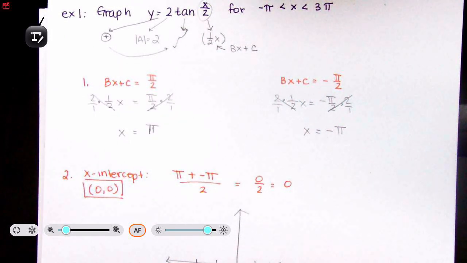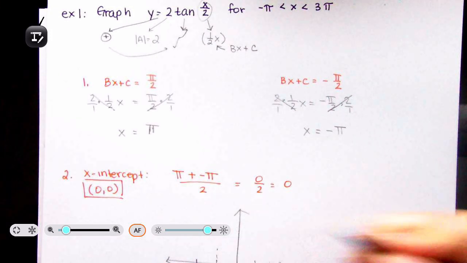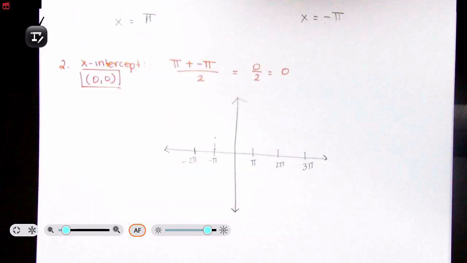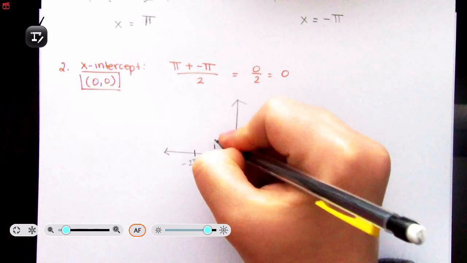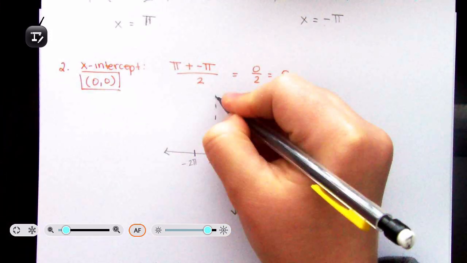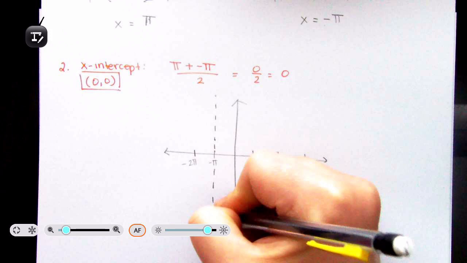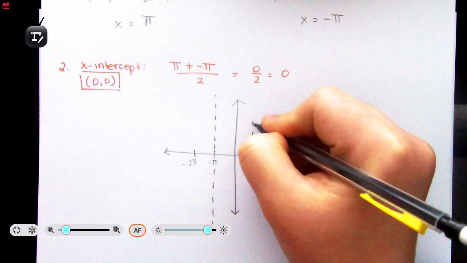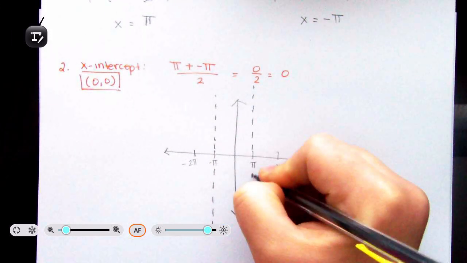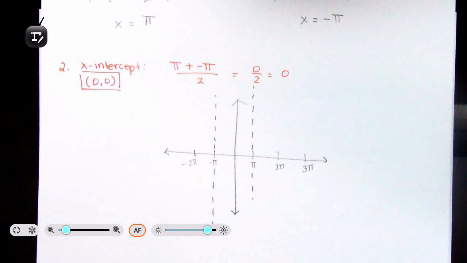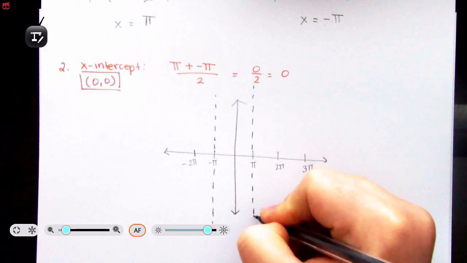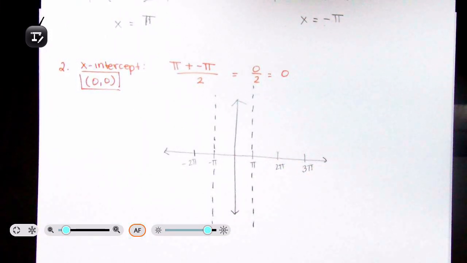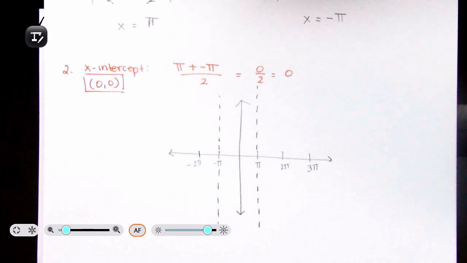Okay, so I have an asymptote. I keep saying amplitude, I don't know why I keep doing that. I have an asymptote at negative pi. That's from step number 1. Make sure you're indicating your asymptote with a dotted line.